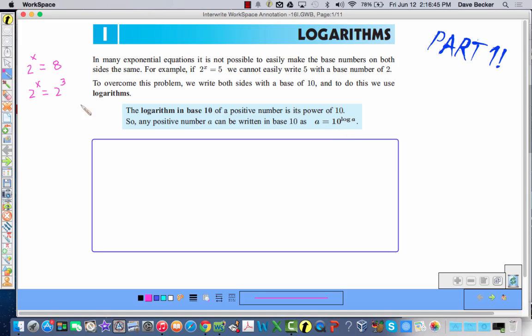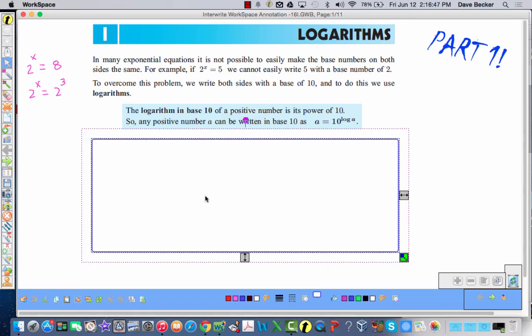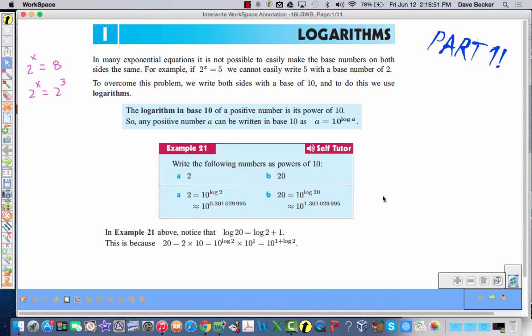So let's take a look at an example, and I put the worked out thing here because it's fairly intuitive and formulaic. So they're asking us to write the following numbers as powers of 10. Okay? Well, a number is equivalent to 10 to the log of that number.